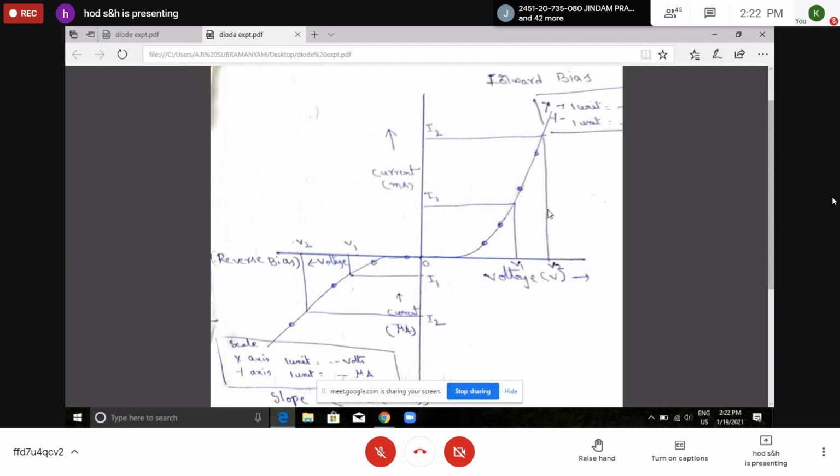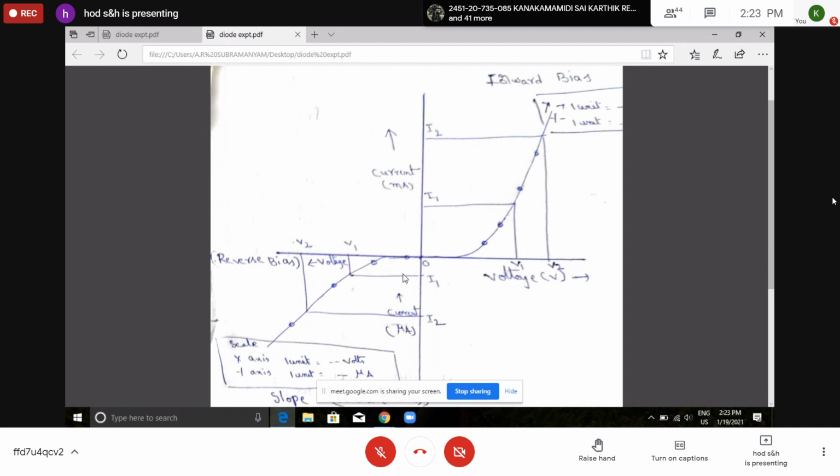So how to take the scale here? In the forward bias along the x-axis, 1 unit is equal to 0.1 volts or 0.2 volts, like that you should write. Similarly, along the y-axis, current is in milliamps, so 1 unit is 2 milliamps, 4 milliamps, or 5 milliamps. Let us take 0, 2, 4, 6, 8, 10, like that.